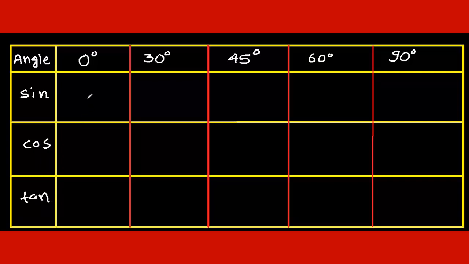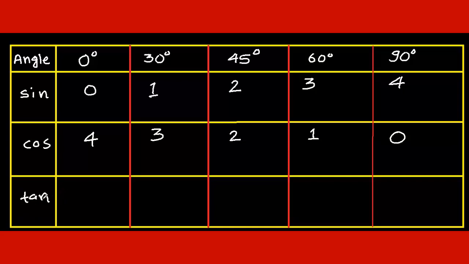So what you have to do, write first 0, 1, 2, 3 and 4, and write this in reverse order for cosine, this is 4, 3, 2, 1 and 0.